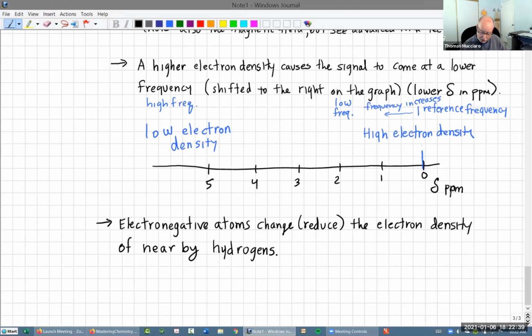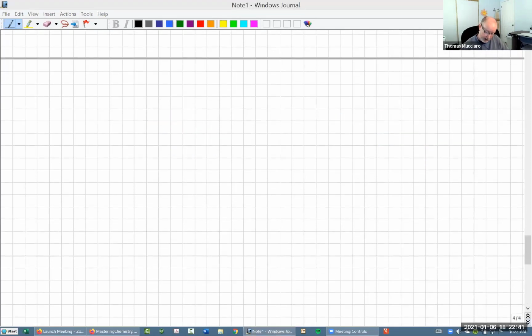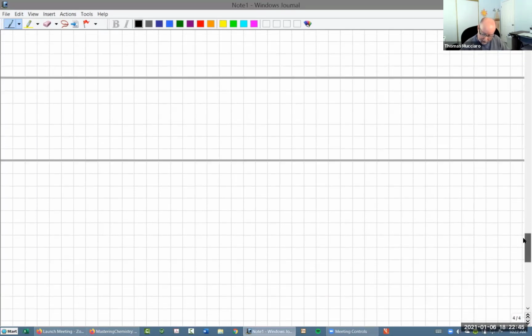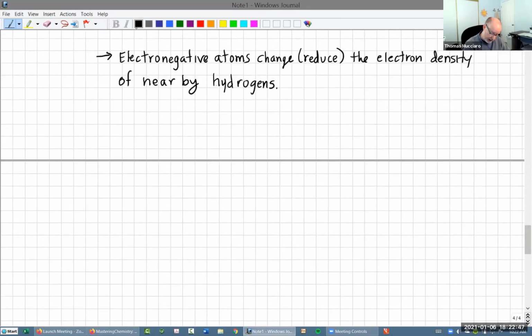Electron density changes when we put in atoms of different electronegativity. So let me show you an example here. Let's say we have a hydrogen atom.